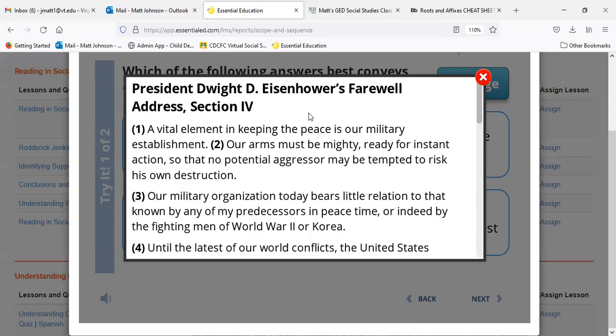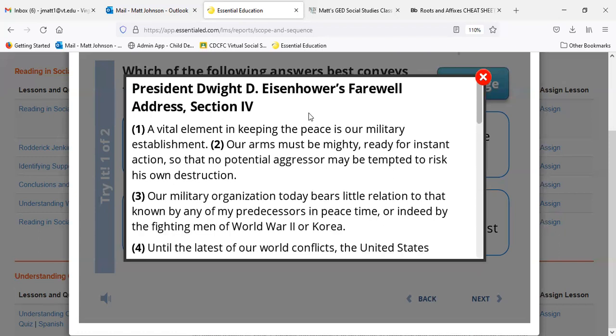So we know sort of the time frame, 1961, I think. And of course, we're dealing with a president here. Background on Dwight D. Eisenhower. He was one of the commanders. He was a general during World War II, helped us win World War II, and then becomes president, or he's elected in 1952.